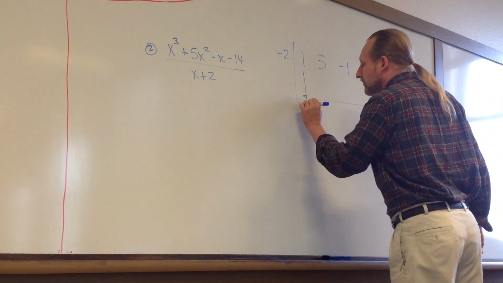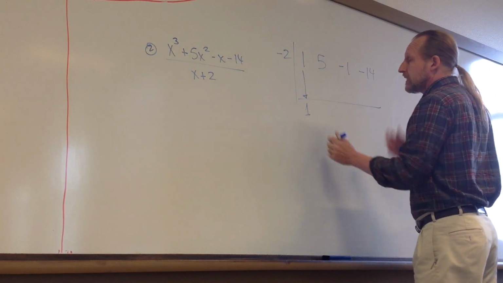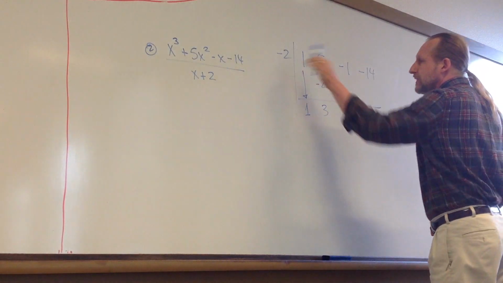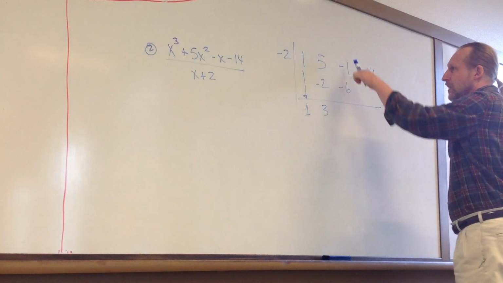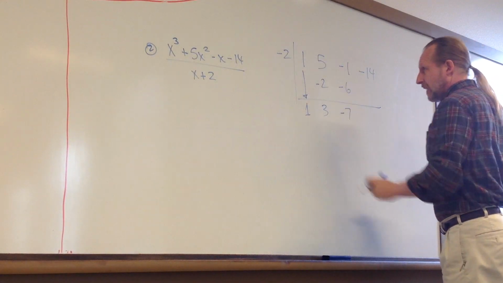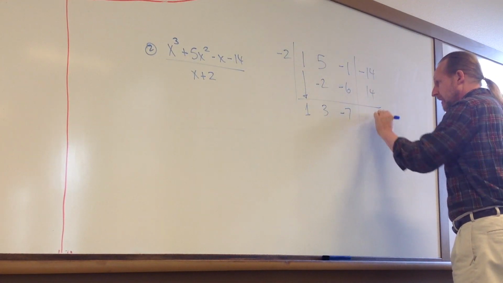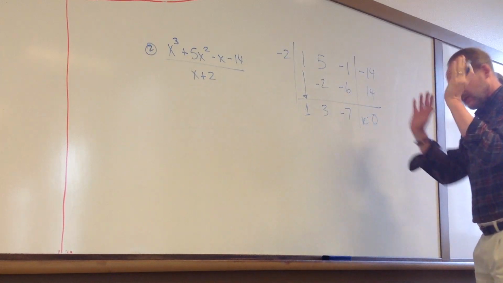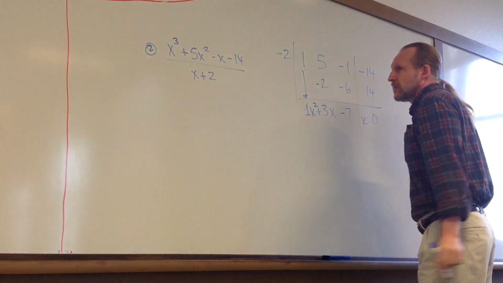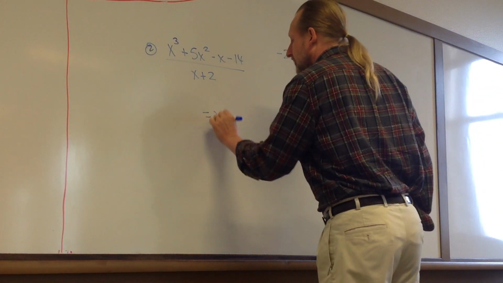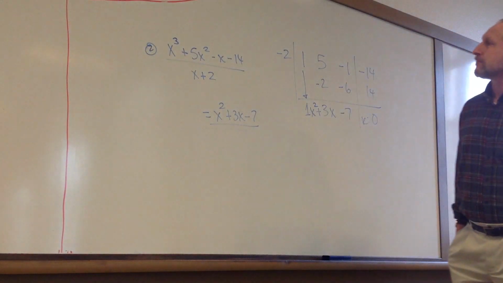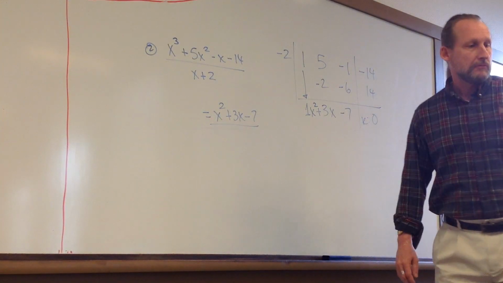This coefficient comes straight down, then we go 1 times negative 2 is negative 2, 5 minus 2 is 3. 3 times negative 2 is negative 6, minus 1 and minus 6 make minus 7. Minus 7 times minus 2 is positive 14. We get a 0 remainder, so this divides in evenly. Put in our powers of x, and our answer here is x squared plus 3x minus 7.